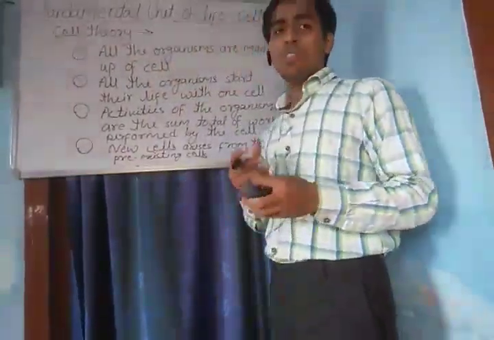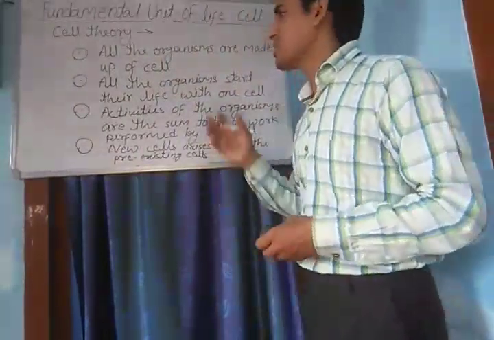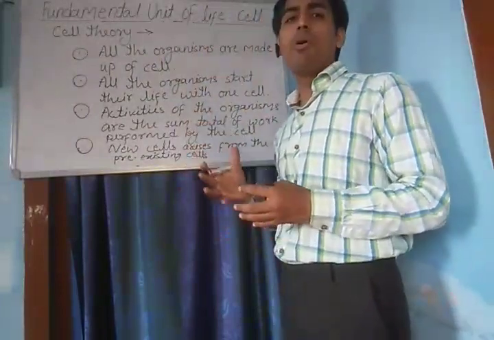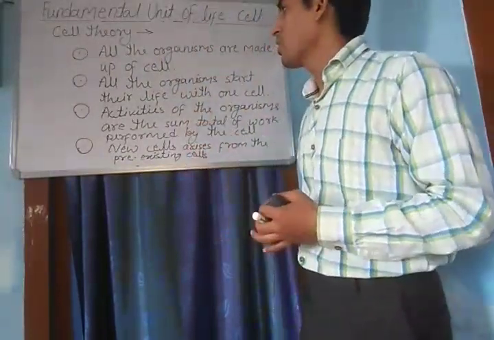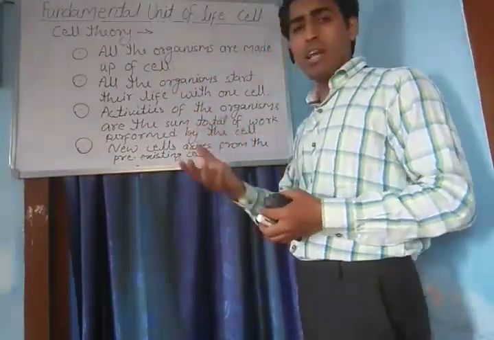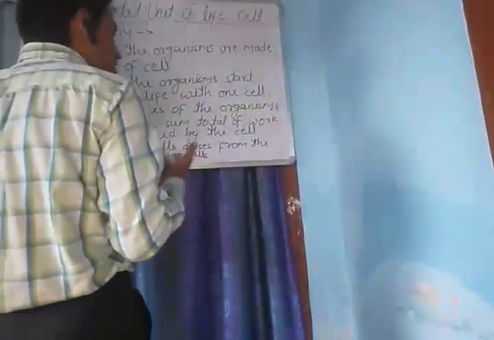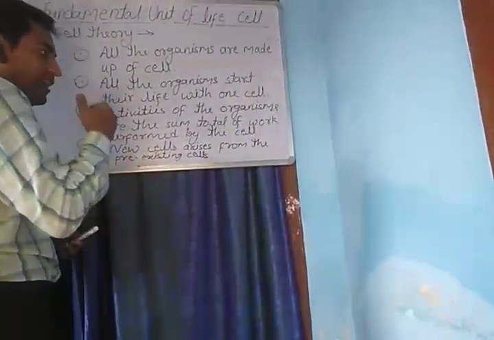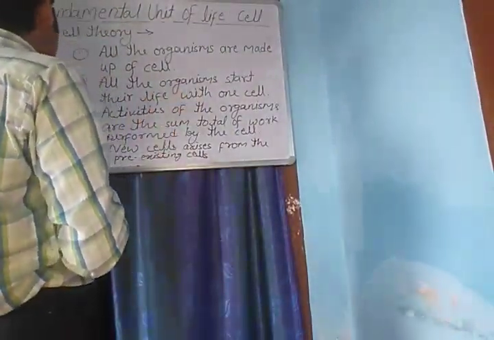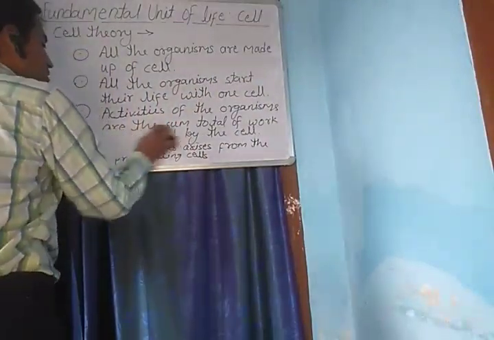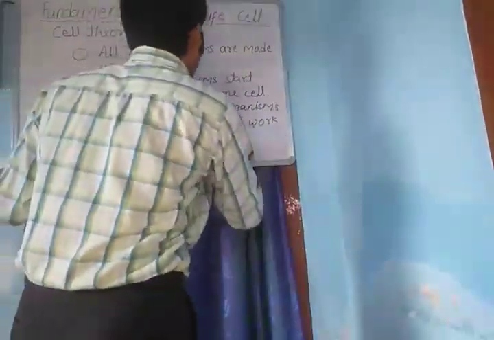So now in modern cell theory, some statements are also added, but it is also called modern cell theory. Okay. After that, the study of cell started in more and more view. So let's come to our next topic.